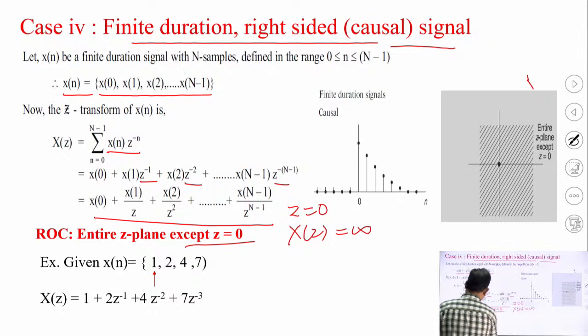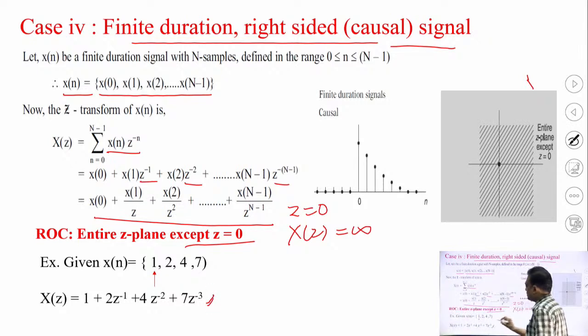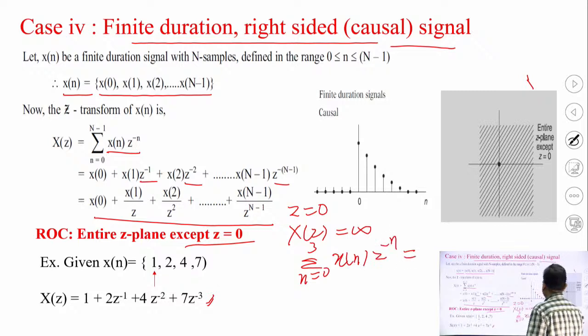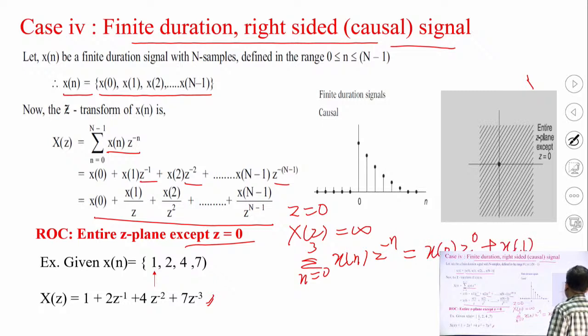Now you can solve one simple question. If this sequence is given like this, this is basically the z transform. How will you put the limit? There are 4 terms, so the limit will be 0 to 3 of x[n] z to the power minus n. If you expand, you will get x0 z to the power 0 plus x1 z to the power minus 1 plus x2 z to the power minus 2 plus x3 z to the power minus 3.